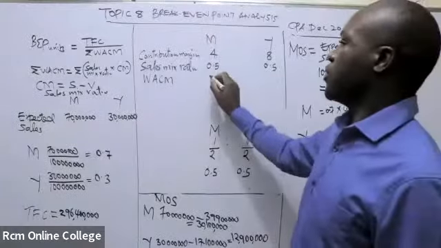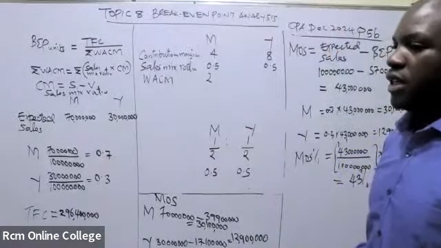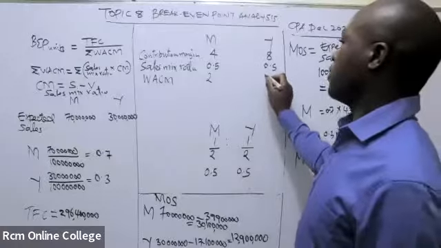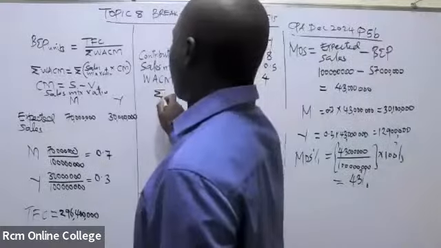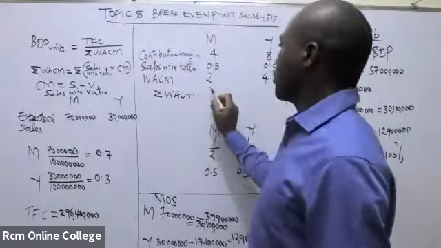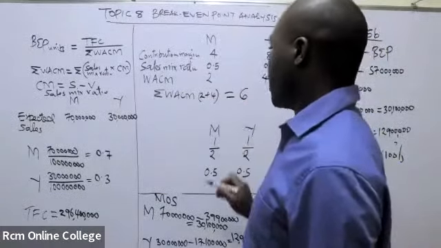That should be 2. 8 times 0.5, that should be 4, right? So the summation of weighted average contribution margin is equal to 2 plus 4, giving us 6.